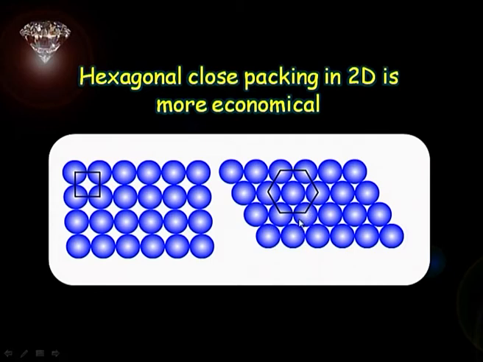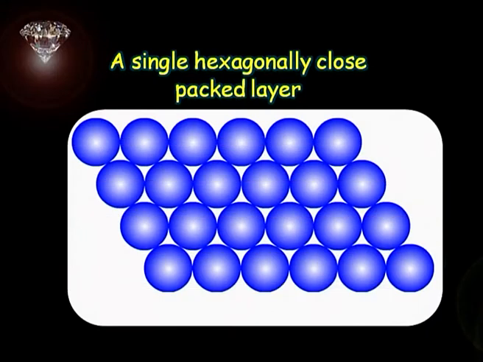That means, hexagonal close packing in 2 dimension is more space economical as compared to square close packing in 2 dimension. Since hexagonal close packing in 2 dimension is more economical and most of the crystals follow this kind of a packing, let us try to learn a little more about it. Let us have a relook at this kind of a packing.